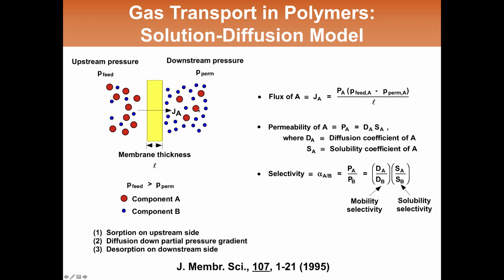We normally write the steady state flux of a gas, J sub A, in the following form, where P sub A here is the permeability coefficient, and the lowercase p's are the partial pressures of gas A on the feed side of the membrane and on the permeate side of the membrane, and L is the membrane thickness.